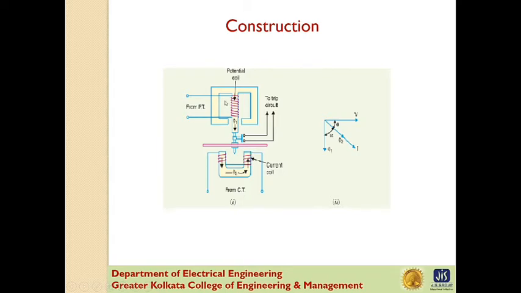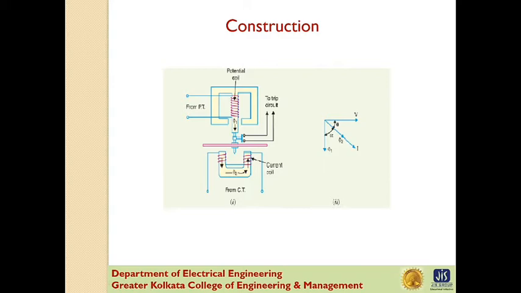The upper magnet carries the winding called the potential coil on the central limb which is connected to a potential transformer to the circuit voltage source. The lower electromagnet has a winding called current coil connected to the secondary of the CT in the line to be protected.